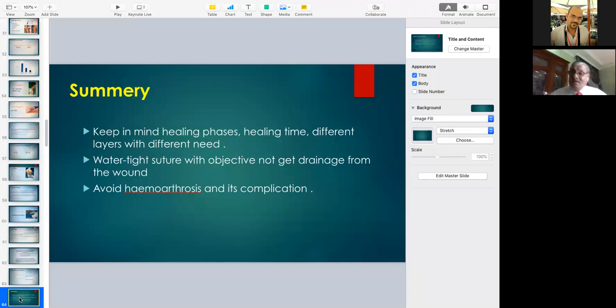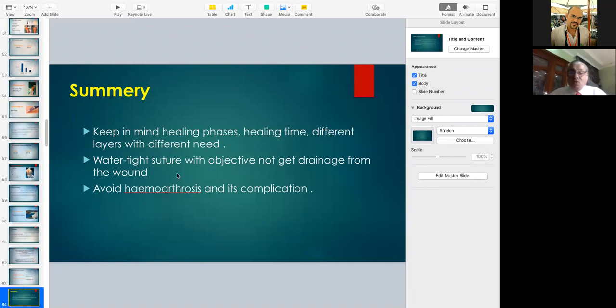Okay, what's the summary of the first part of our lecture? Wound healing, healing phases, healing time for every layer, and the different needs of each layer regarding tension and perfusion.